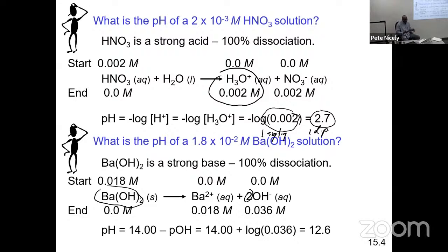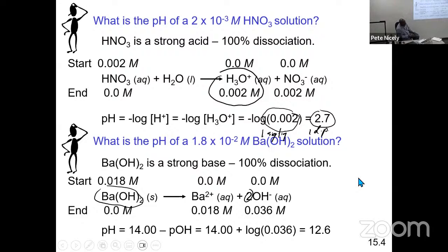You made some error. So whenever you're doing these calculations, don't just do it blindly or just follow the process. You have to do that, but also in your mind, you have to think about whether or not the answer actually makes sense in light of what you know about acidic and basic solutions and so on. Okay, any questions about, yes, ma'am?